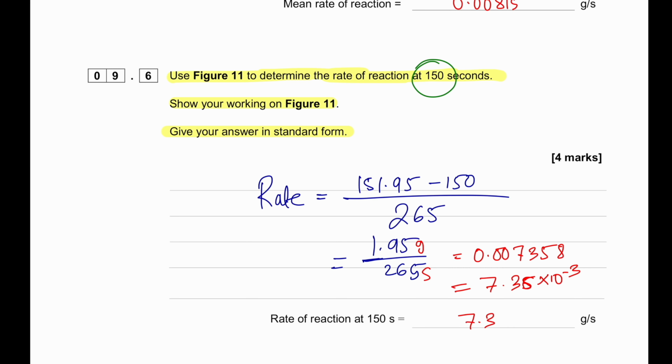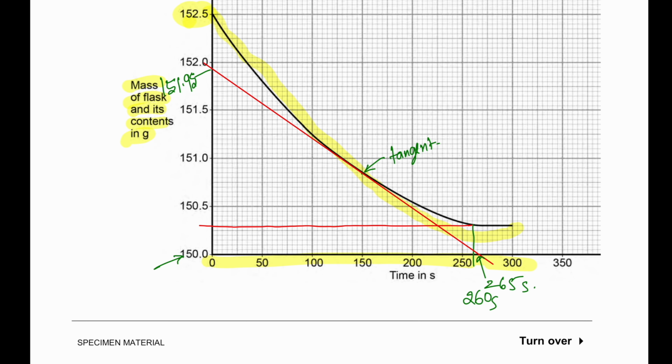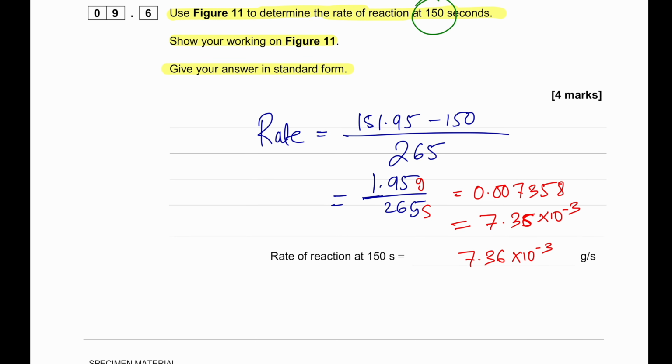So it will be 7.36 times 10 to the power of minus 3. To find this particular answer, we drew a tangent that exactly touched 150 seconds and we extended the line until it touches both of the axes. Then all we did was use the formula gradient equals rise over run. If you do this every time, you'll get the correct answer.